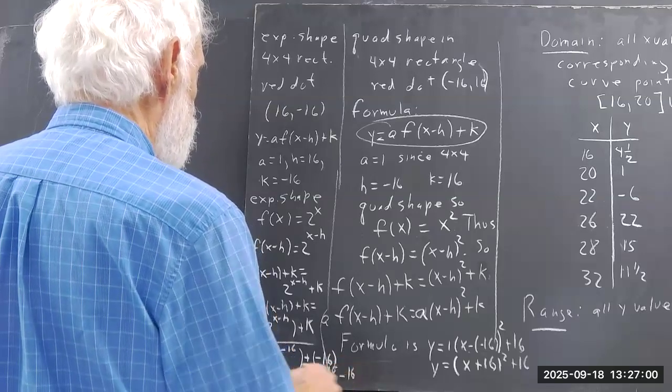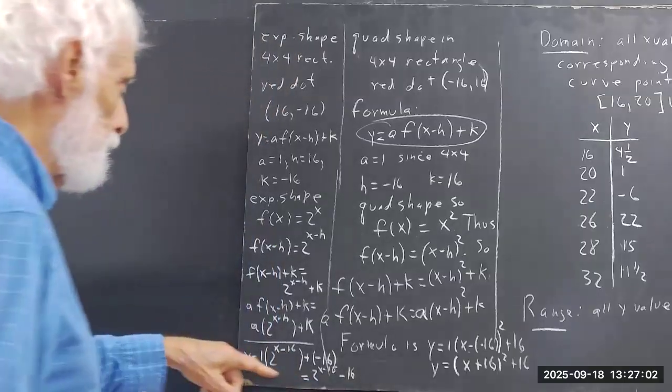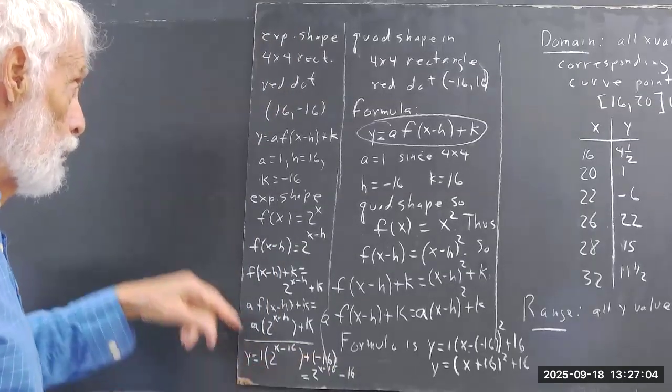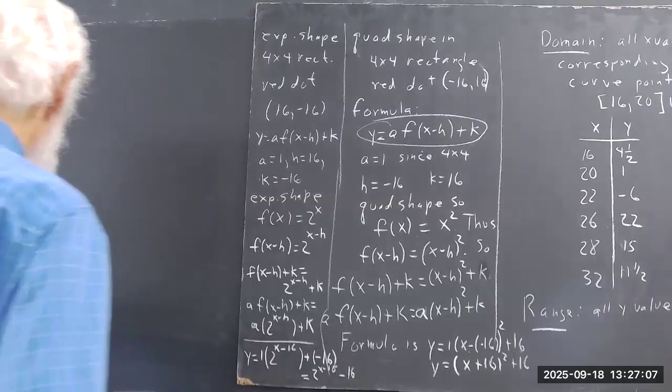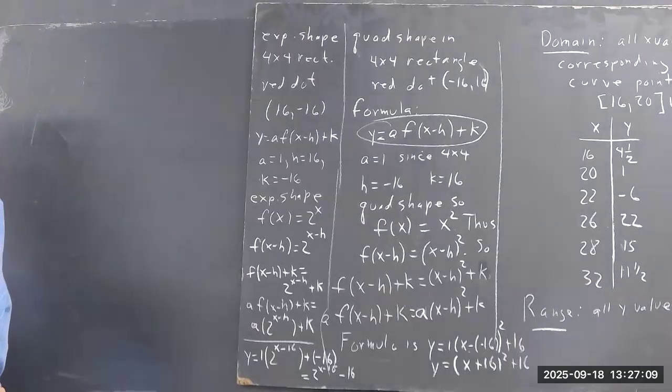You probably have trouble reading that, but I think it should be obvious. You just write it, what I wrote here without the 1. Okay. Then we do the same things to the reciprocal shape.